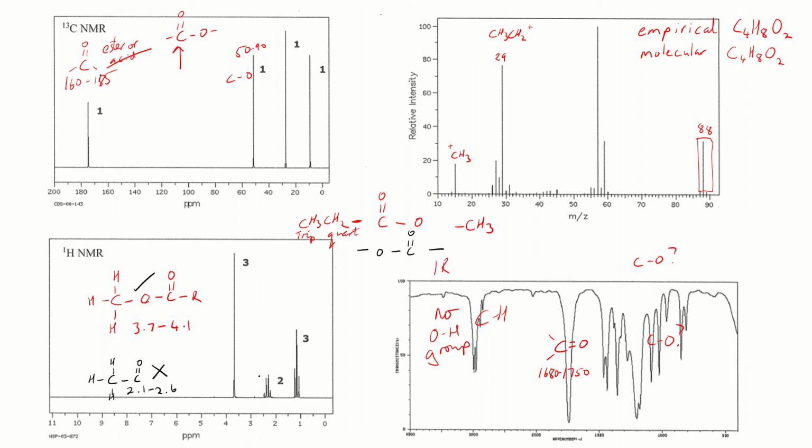You could have done the same with the quartet down here. You'll see the quartet does match the 2.1 to 2.6 range, i.e. the CH2 being next to that, whereas we would expect the quartet to be at the 3.7 to 4.1 range if it was like this.